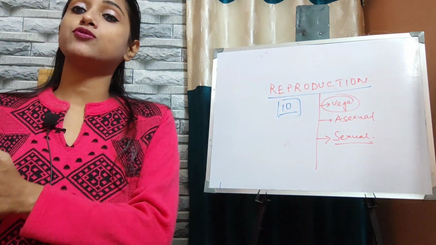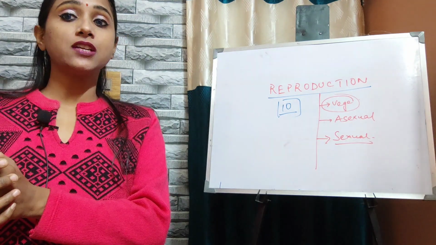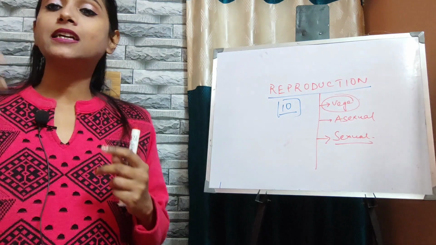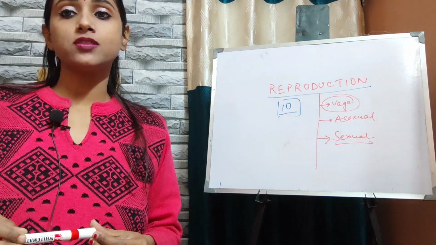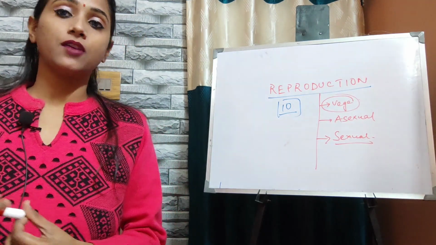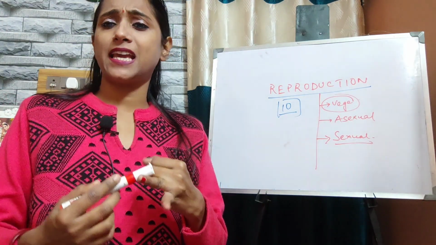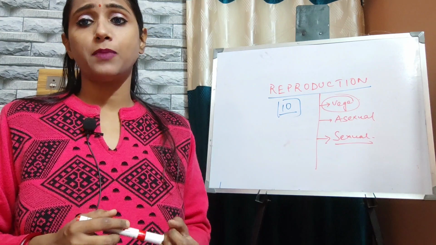Whereas vegetative parts are the parts which do not take part in reproduction, like roots, stems, leaves. These are the vegetative parts of the plant.